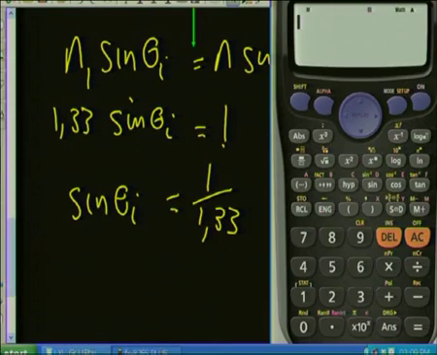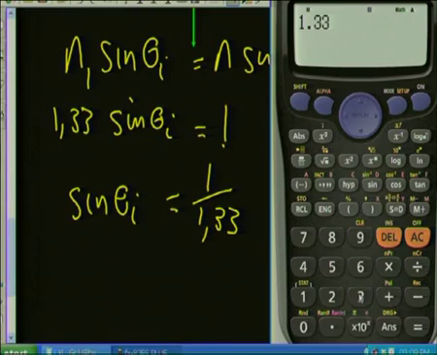Right, let's put in 1,33. Now, if you've got a number like this to 2 decimal places and you want to use it as a denominator, here's a shortcut to help you do this sort of calculation. Instead of writing in anything else, if that was on your calculator, go to the reciprocal button, and if you now push the answer, it will give it to you as a decimal number.